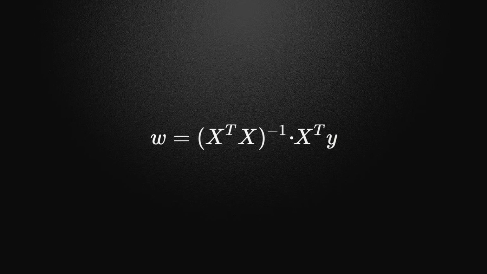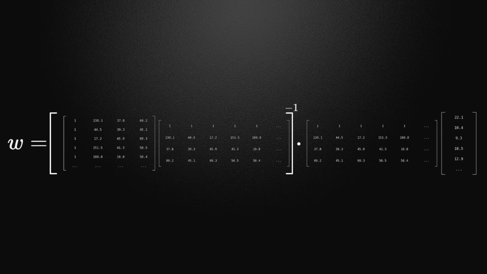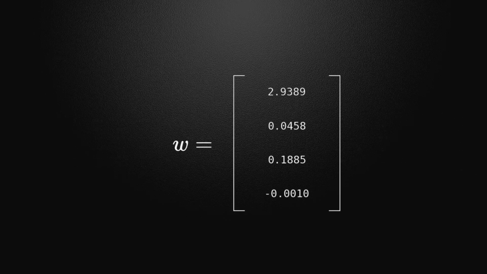Here's the intuition. You plug your table into this formula, do one big matrix calculation, and as a result, you get the optimal weights that minimize the mean squared error. So there are no loops, there's no guesswork. It's just one big calculation, and you know what the ideal model weights are.